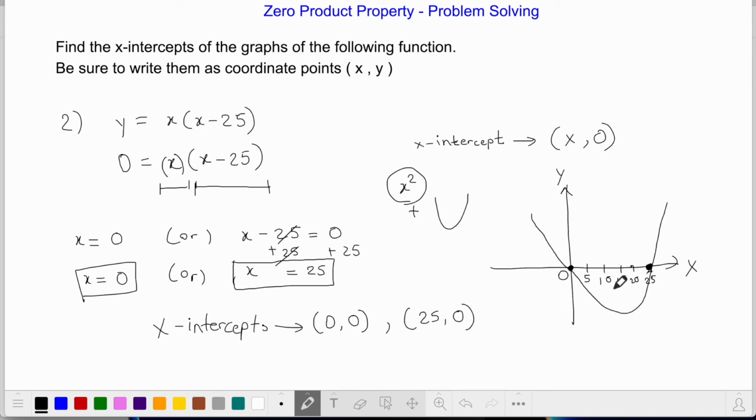This is the graph of y is equal to x times x minus 25, and the x-intercepts are at 0, 0 here, and here is 25, 0. Those are the locations where the graph cuts through the x-axis.